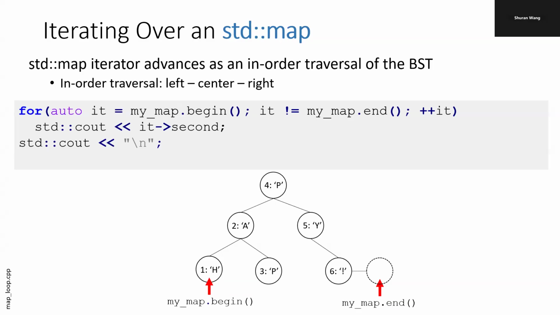So for a binary search tree, if we do in-order traversal, it's inherently sorted. MyMap.begin will point to the smallest element on the leftmost side, and MyMap.end will point to one past the rightmost node.